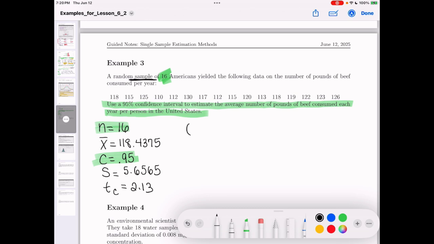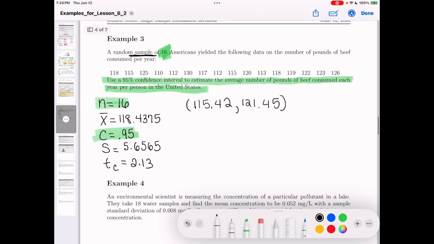Now for the confidence interval, we got 115.42. That's our lower limit. And then our upper limit was 121.45. So there's our confidence interval.